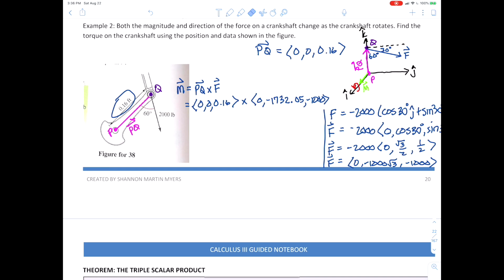Make more room, sorry about that. Okay, so then this is going to equal a vector, remember.